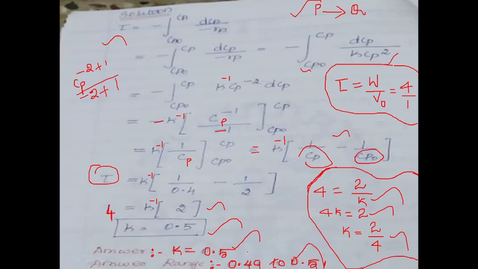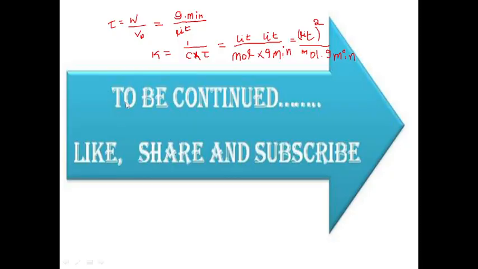But the unit is liter square divided by gram mole per minute. We can check the unit here. Tau is equal to, as I already said, W by V naught. W is in gram, and V naught is liter per minute. This minute goes to the numerator, so gram minute per liter is the unit of tau. Generally, what is k?